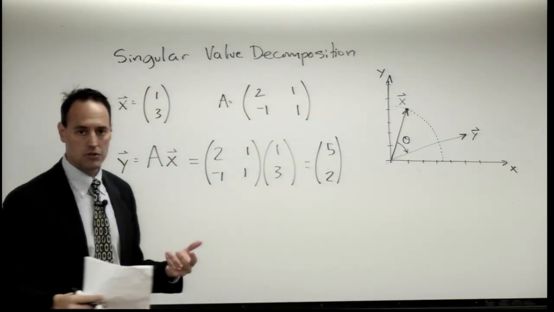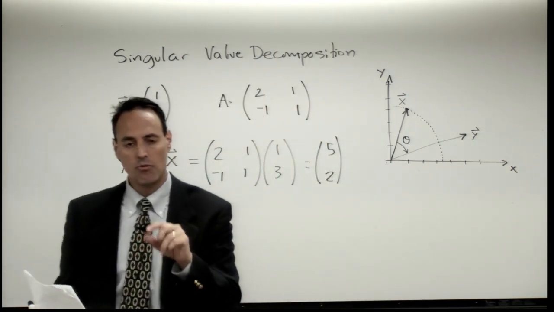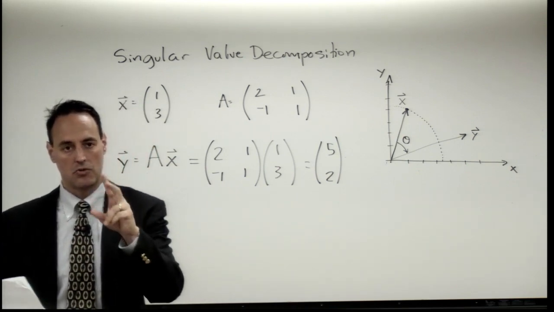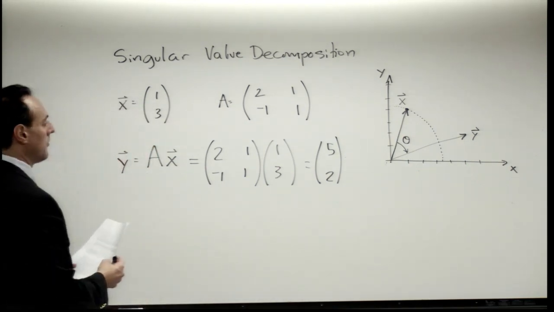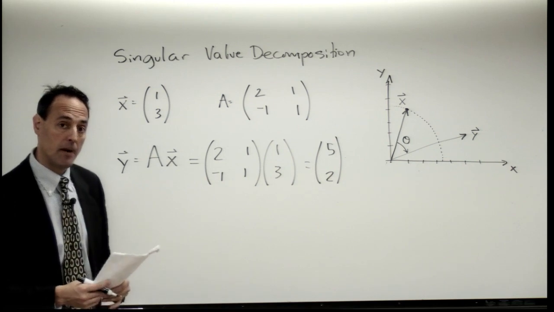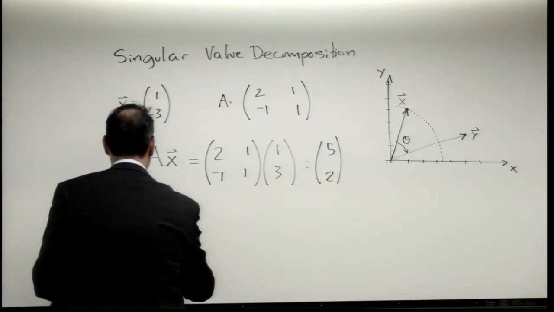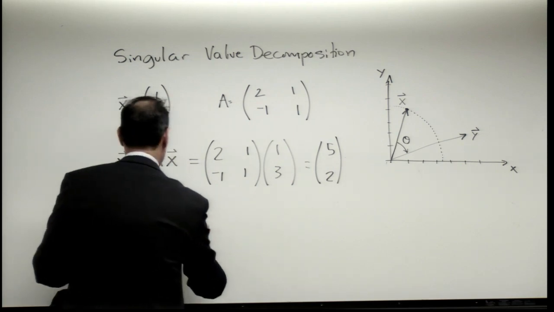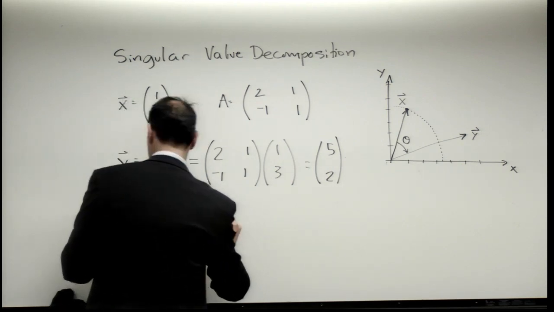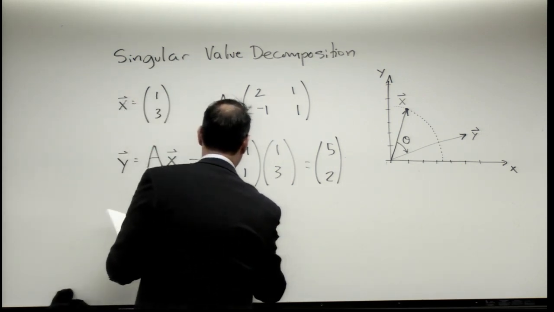So are there matrices, for instance, that capture these two fundamental ideas of rotation and stretching? Well, if you want to rotate any vector by an angle theta, then there's a very well-known matrix called the rotation matrix. This is in two dimensions, and here it is.